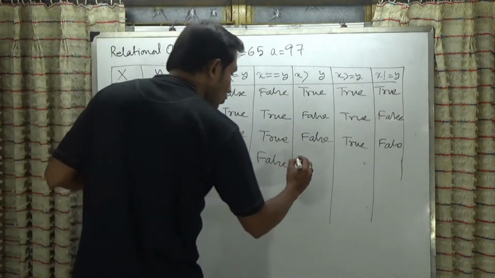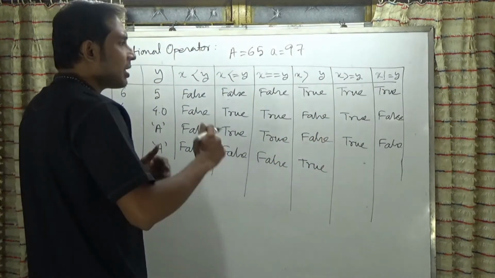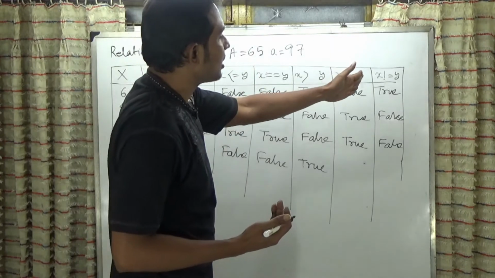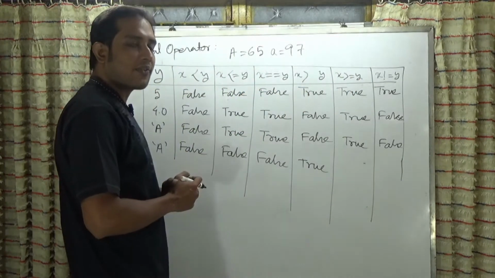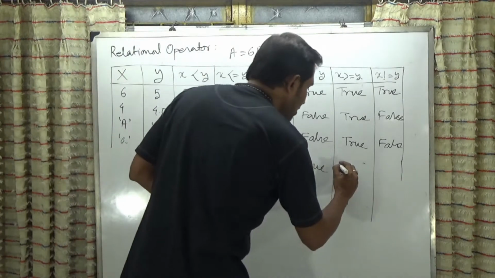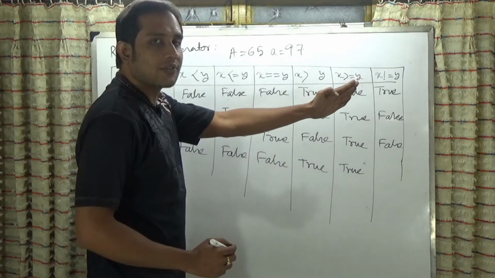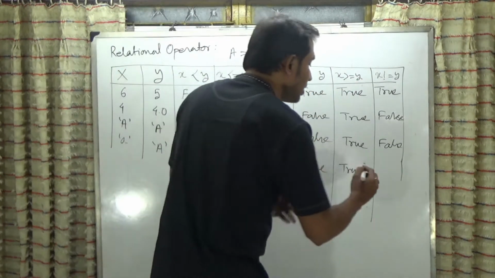Yes, it is true, so it returns true. And again 97 is greater than or equal to 65. Yes, not equal to, but it is greater than 65, so it returns true. And 97 is not equal to 65, so it also returns true.